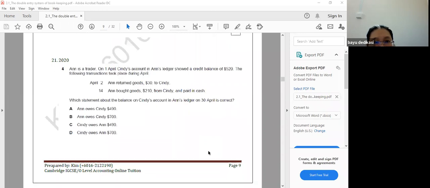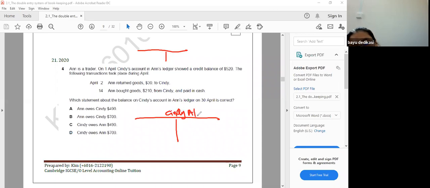Okay, 21. N is a trader. On 1st April, Cindy's account in N's ledger shows a credit balance, meaning balance brought down 520.